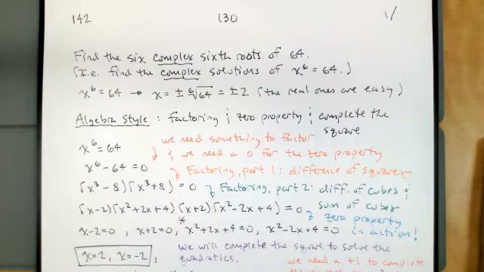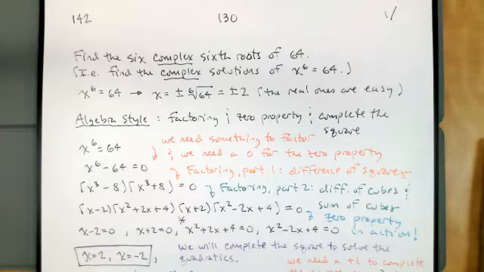So let's think about finding the 6 complex sixth roots of 64. What to the 6th power is equal to 64? This is the same thing as finding the complex solutions to the equation x to the 6th equals 64, because that's the same question.